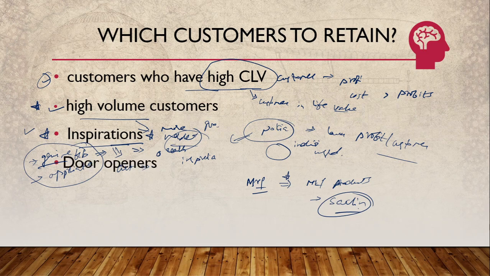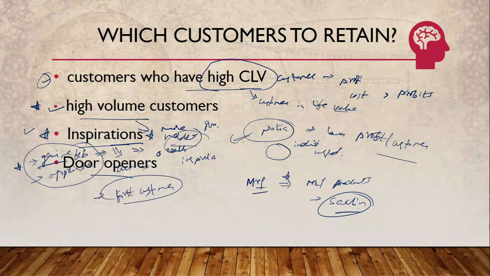And then the fourth type of customer which you should always retain is the door openers. Door openers are the first customers. You are new to the market, and the first customers who are purchasing your product, even though there is a lack of marketing from your company, are the door openers, because they are the first persons who are purchasing your product, and then they will act as a door opener.